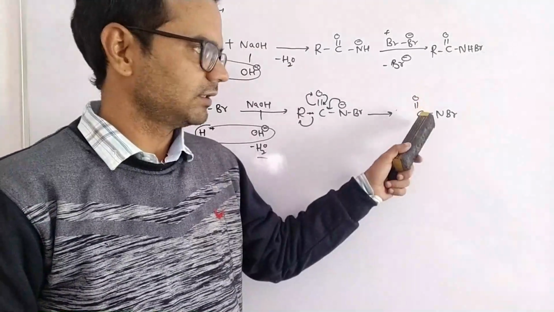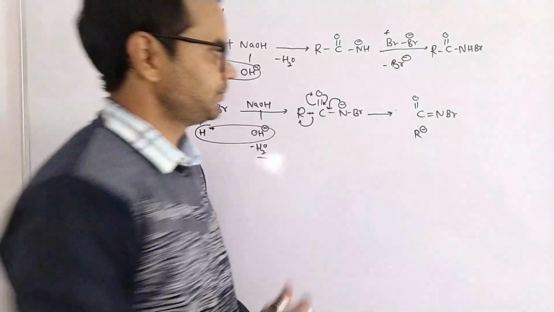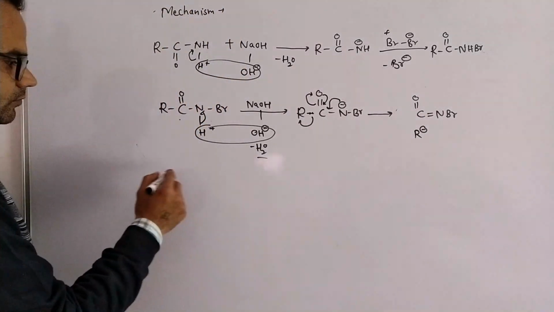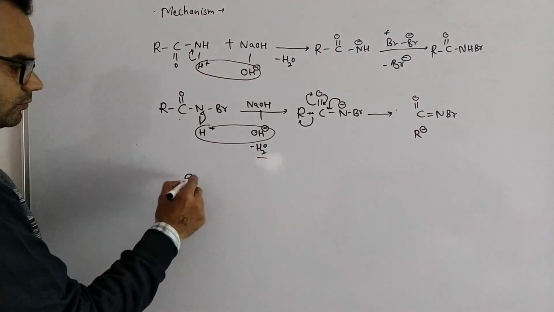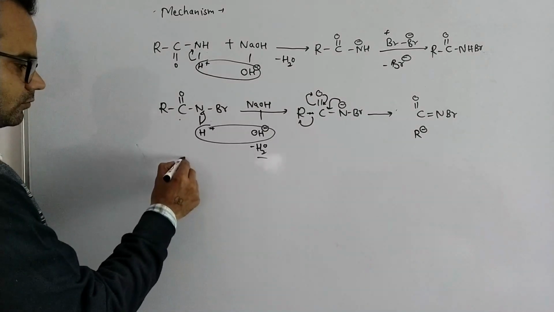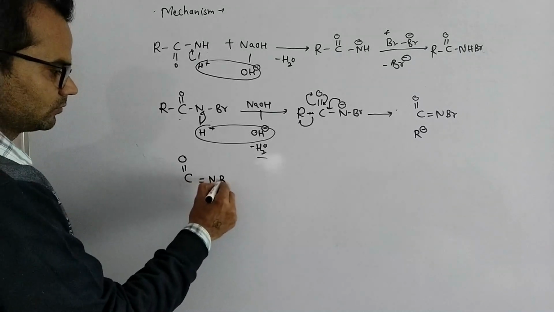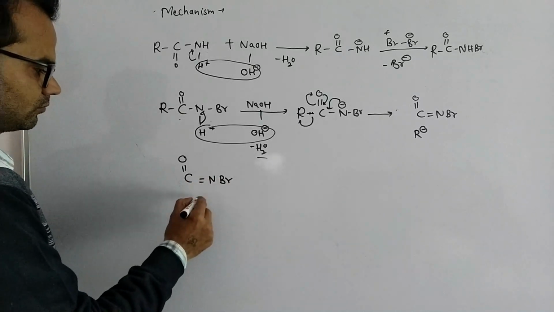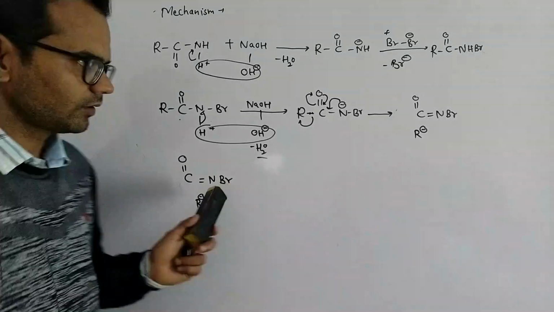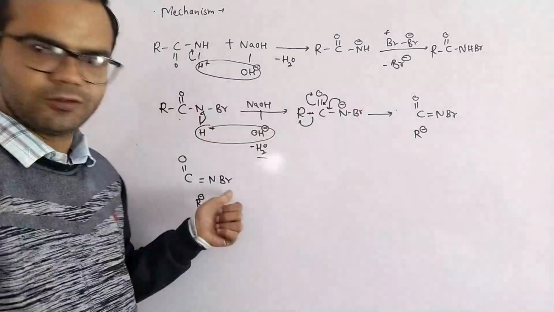Next, as we know, halogens are good leaving groups.